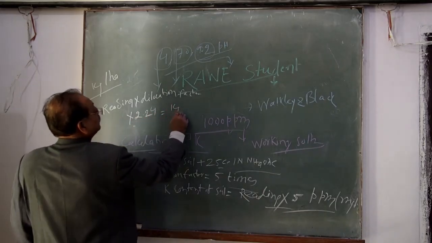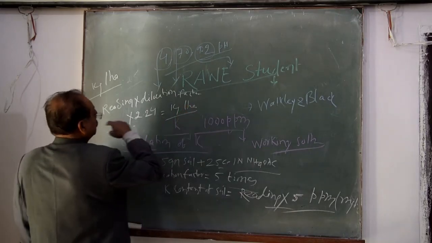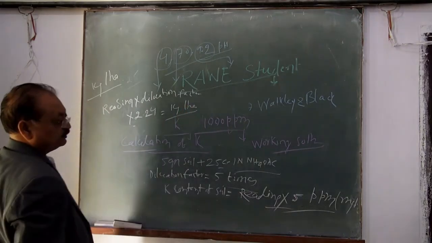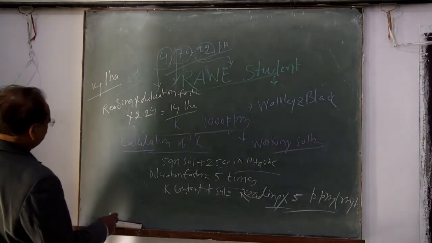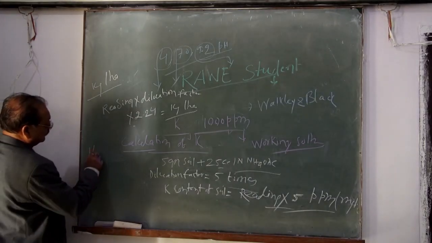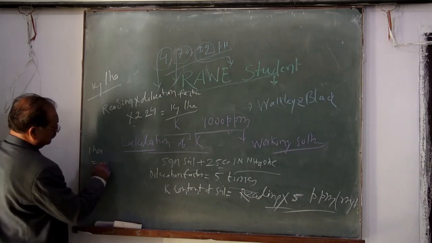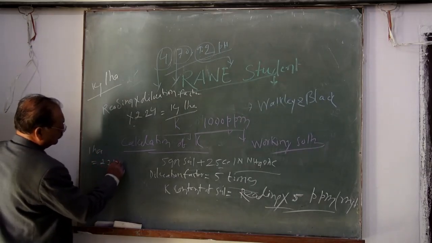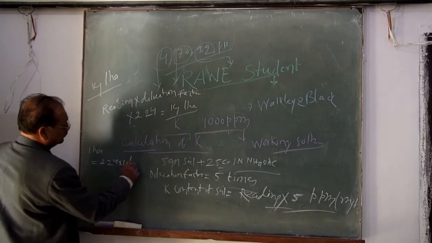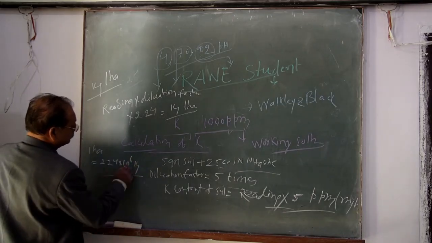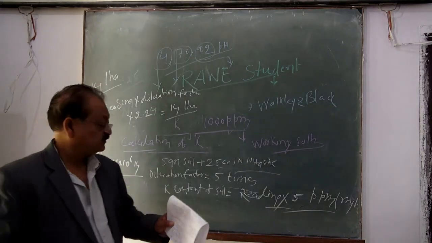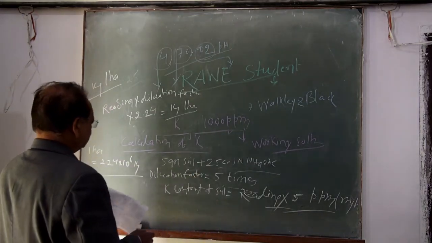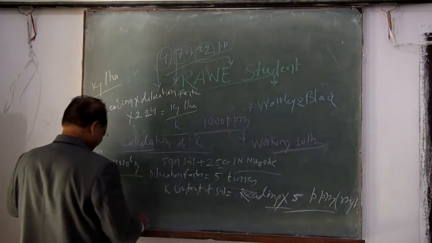That will be kg per hectare, because 1 hectare of land contains 2.24 into 10 to the power 6 kg. So this is the way, and this way you can calculate all things.